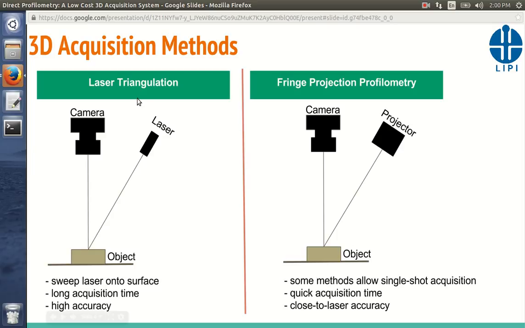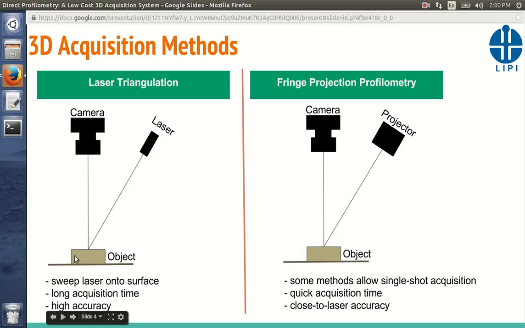The first method I will present is the laser triangulation method. We have a camera to capture the object as well as the laser illumination. Usually we use a line laser, and some applications use a point laser, but most applications use a line laser. They sweep the laser onto the surface, and the camera captures the illumination.